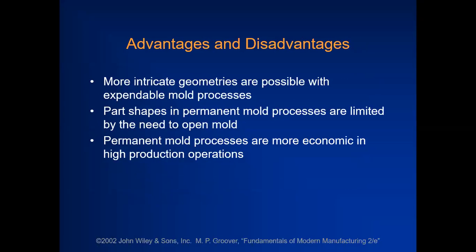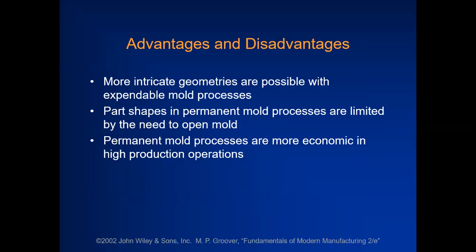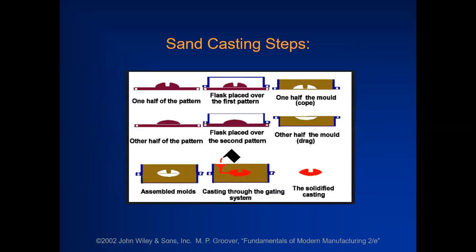Advantages: many complex geometries are possible with the expandable mold process. Part shapes in the permanent mold are limited, but permanent mold processes are more economical in high production. Economical means they cost less in mass production, because you can produce a lot.